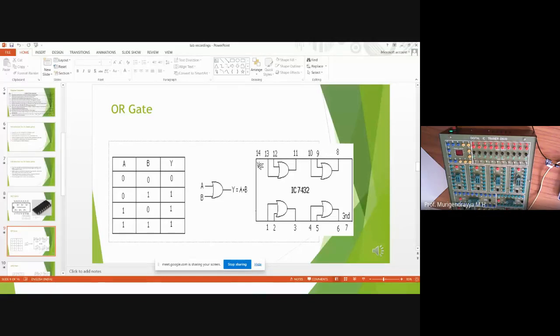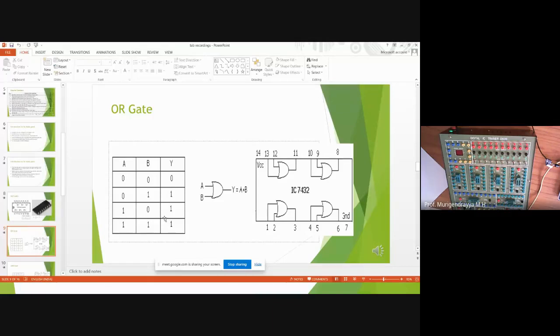So VCC is the high logic, the positive voltage level required to drive the entire circuit. Pin number 7 should be connected to ground, and pin number 14 should be connected to VCC. Then pin number 8 is the output of the third OR gate, and 9 and 10 are the inputs of the third OR gate. Like that, these are the pins of the fourth gate.